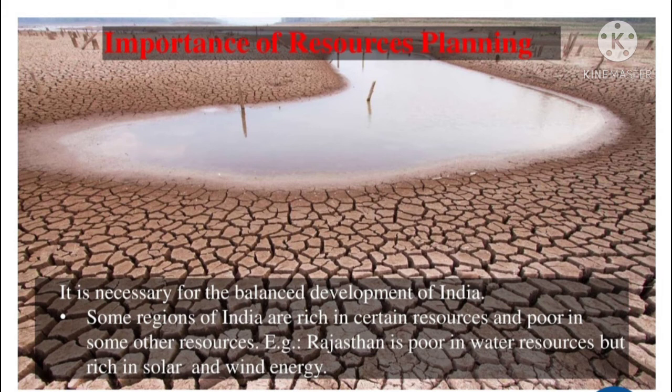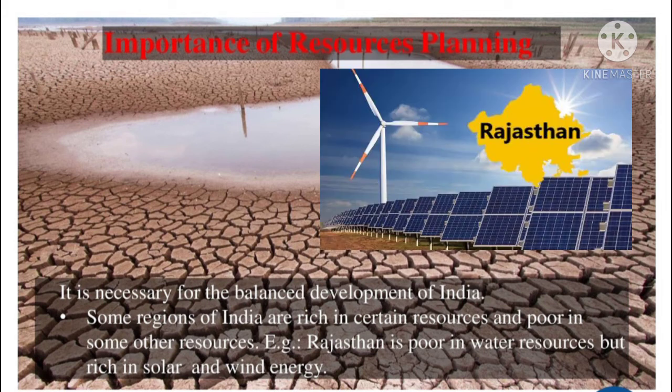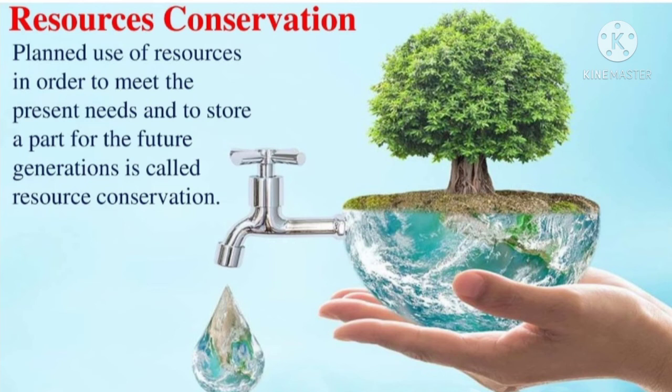Another example is states like Rajasthan, which is lacking in water resources but has a bright scope as far as wind energy or solar energy is concerned. So due to this unequal distribution of resources in India, there is a need to conserve our resources.